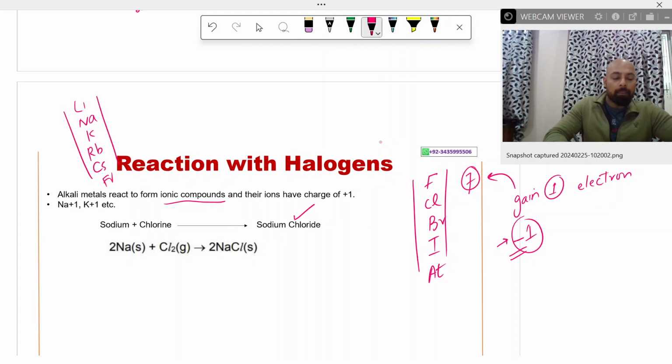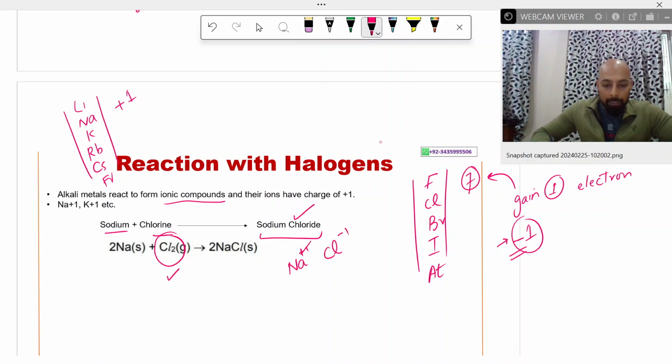All of these metals have a charge of +1. So let's write down the equation. Sodium reacts with chlorine. Chlorine again is a diatomic gas, so you have to write it as Cl2. Sodium chloride: take a pause, make the formula. Sodium belongs to group 1, +1, Cl -1, +1 is cancelled with -1, and we get NaCl.